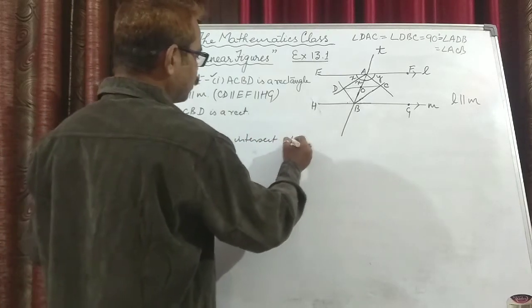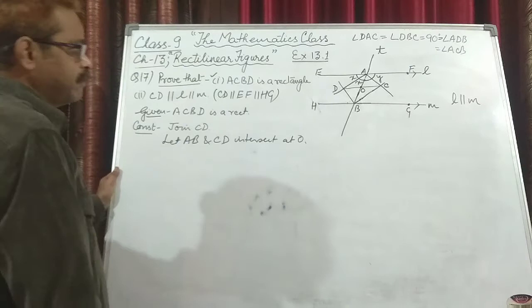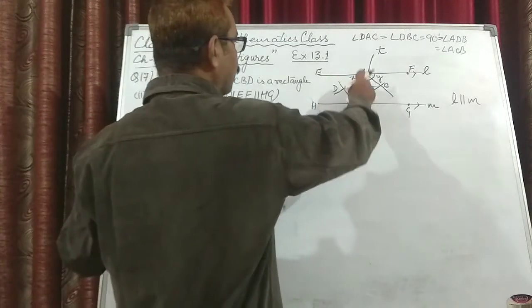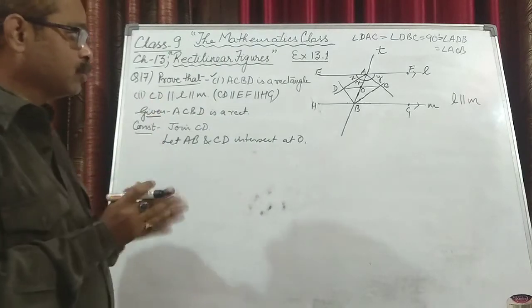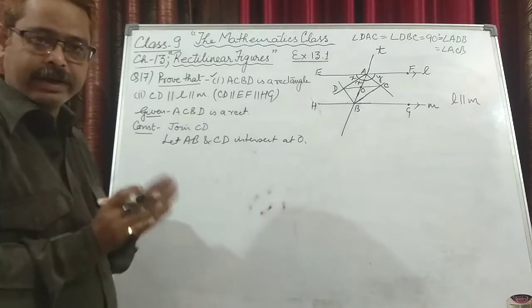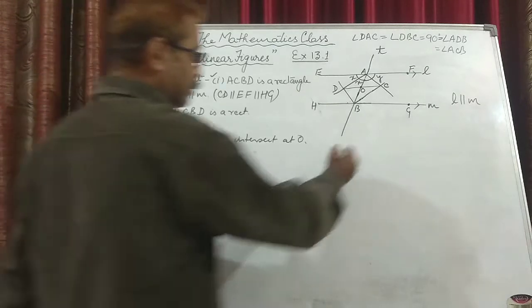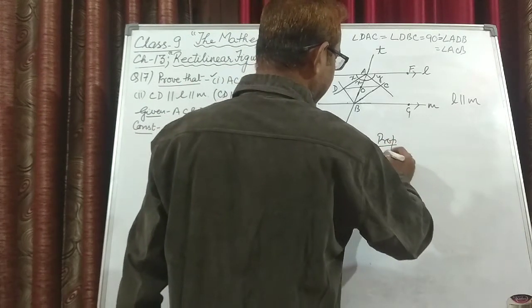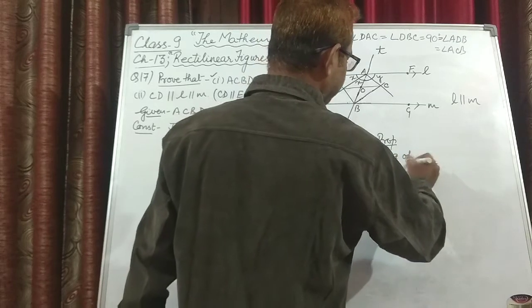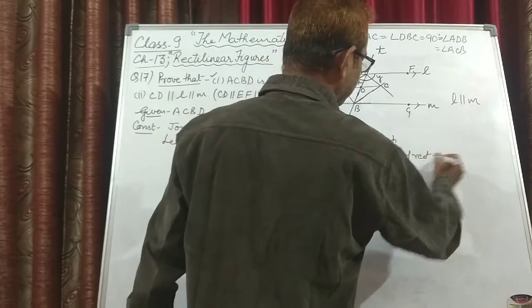intersect at O. Now if we consider triangle OAD, because we know that diagonals of a rectangle are equal. Which property are we using now? Property number 1, diagonals of a rectangle are equal.